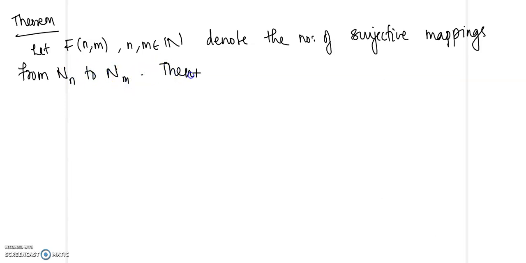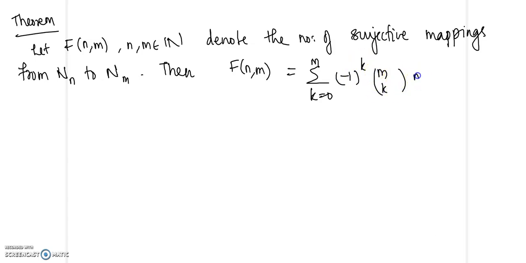Then f of n m is given by summation k equal to 0 to m minus 1, (-1)^k m C k (m minus k)^n. So this is the expression for f of n m, which is the number of surjective mappings.